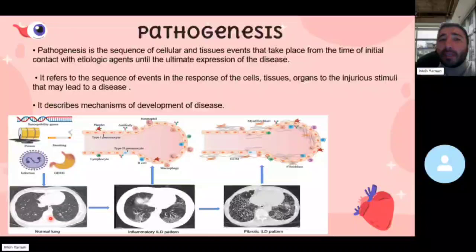The second term is pathogenesis. As a definition, pathogenesis is a sequence of cellular and tissue events that take place from the time of initial or primary contact with etiologic agents until the ultimate expression of the disease.